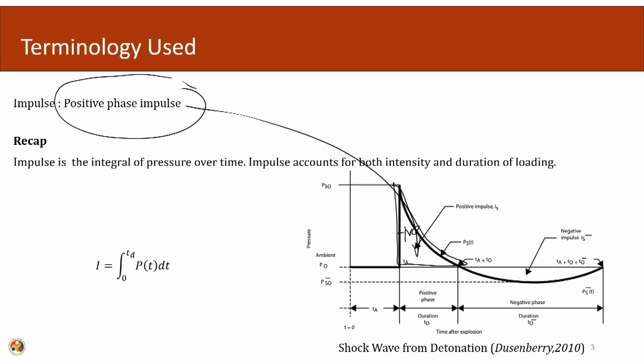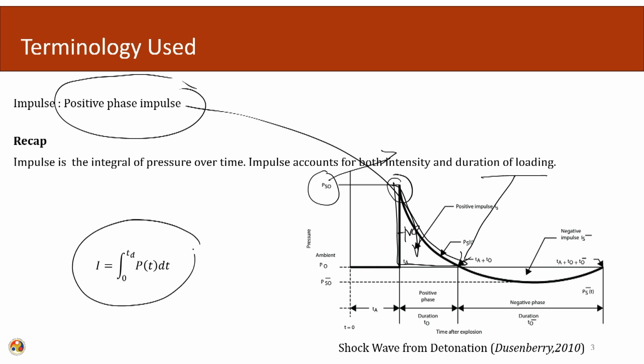Since it is the integration of pressure over time, it accounts for the intensity, that is the magnitude of the loading, and the duration of loading. So this area has the signature of both components. This is the definition of the impulse.